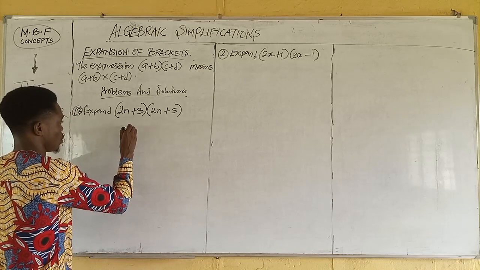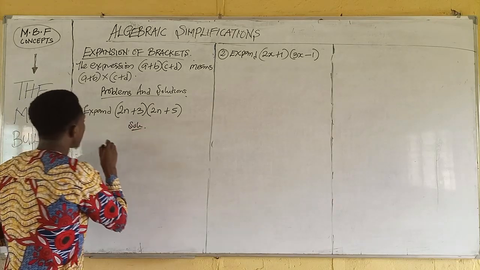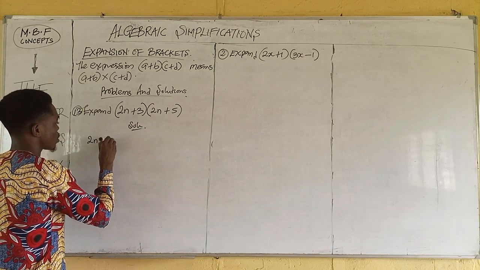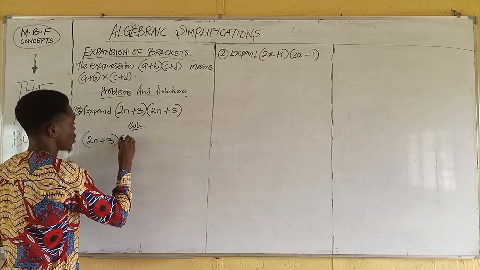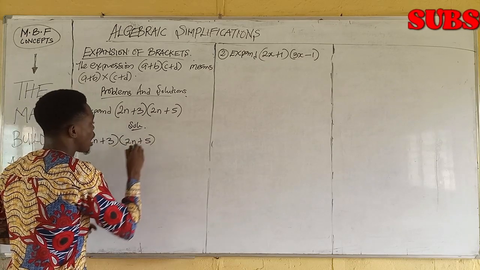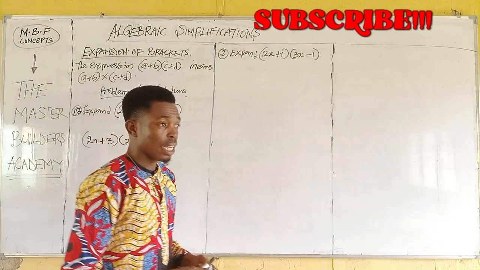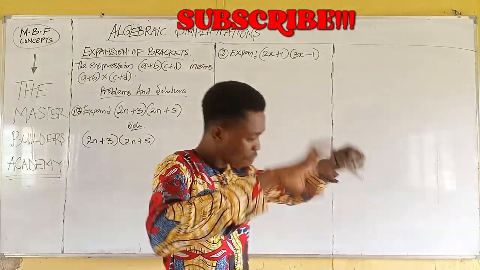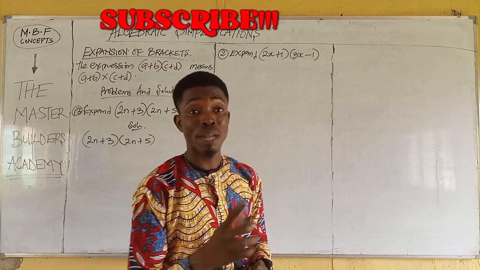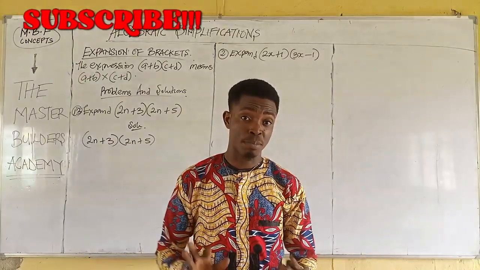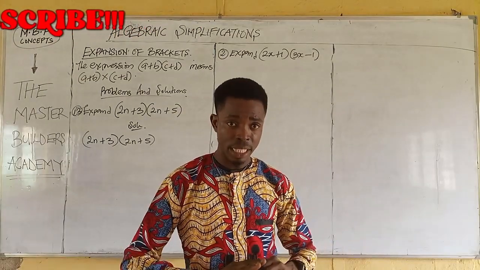This is our solution. Now, we just explained that in expansion of brackets, the terms inside the first bracket will have to multiply all the terms inside the second bracket.